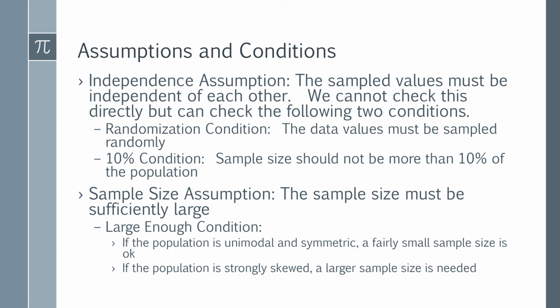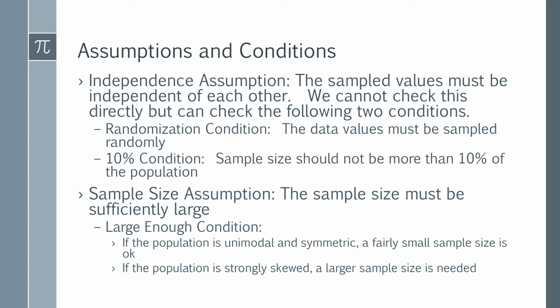So what is large enough? If the population is unimodal and symmetric, a fairly small sample size is okay. If the population is strongly skewed, then a larger sample size is needed. Think about that.